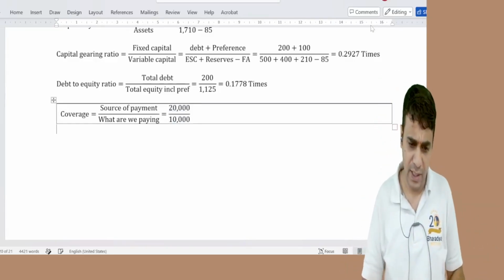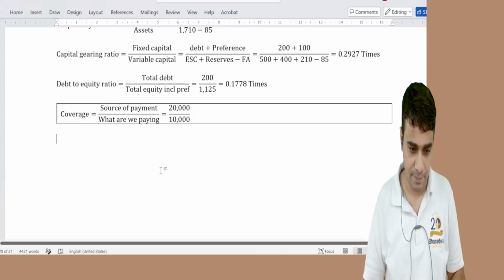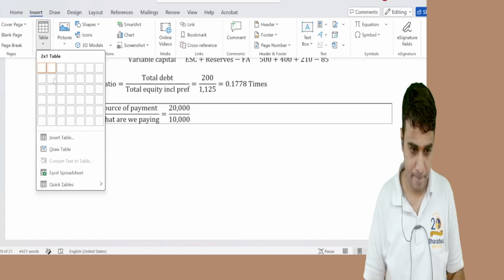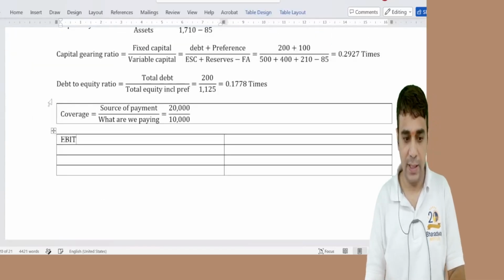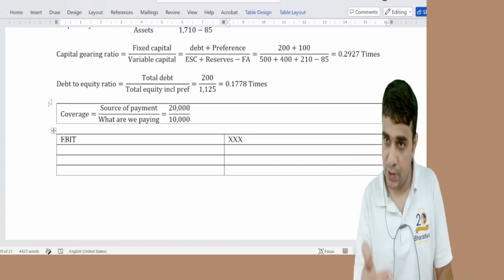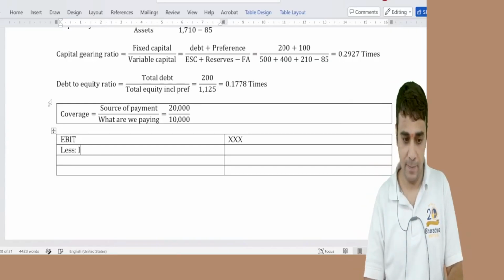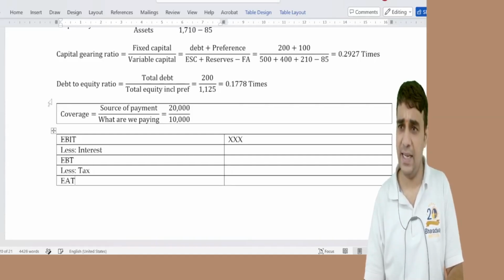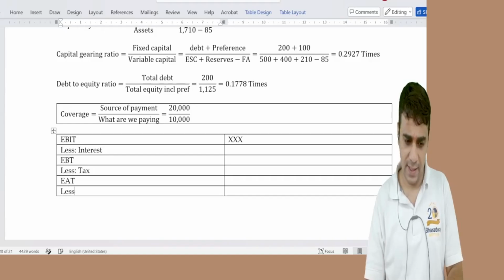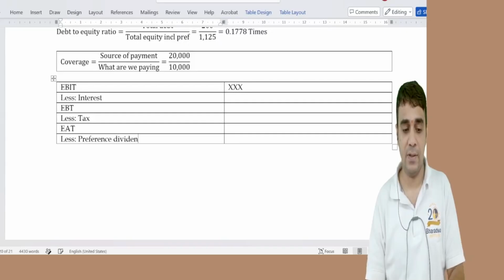Now, if I go to an income statement, it looks like this. We start with EBIT. Before EBIT, you have your sales less COGS, gross profit less operating expense, EBIT. From EBIT, we deduct interest, we get EBT, deduct tax, PAT. After earnings after tax, I deduct an item called preference dividend.